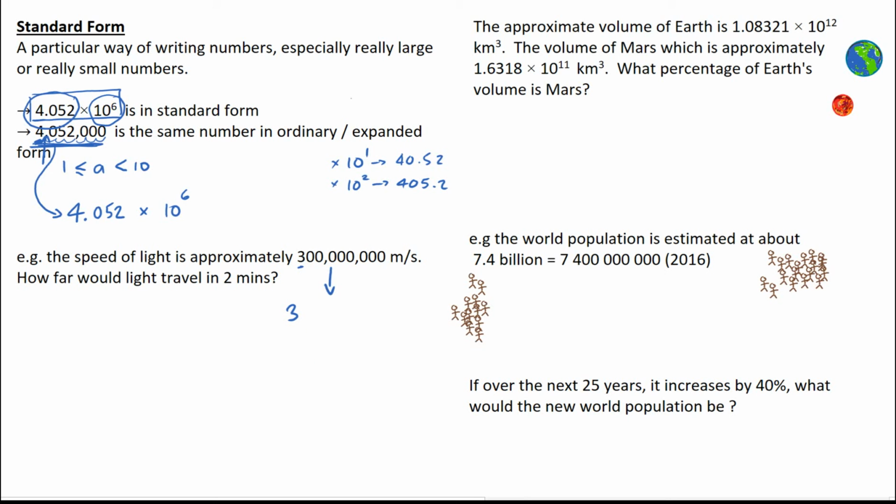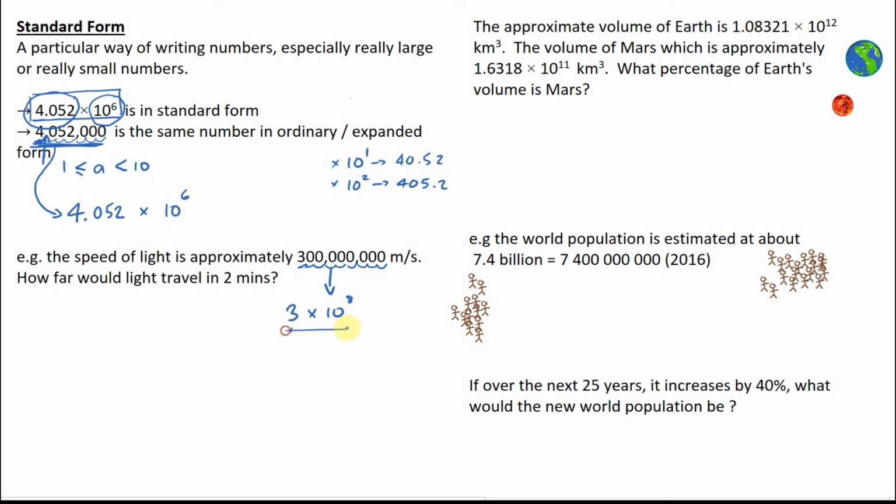There aren't any other non-zero digits, so we're just going to keep that number as 3. So 3 times 10 to the power of, if the decimal point was there, 1, 2, 3, 4, 5, 6, 7, 8. So 3 times 10 to the power of 8 is 300 million written in standard form.